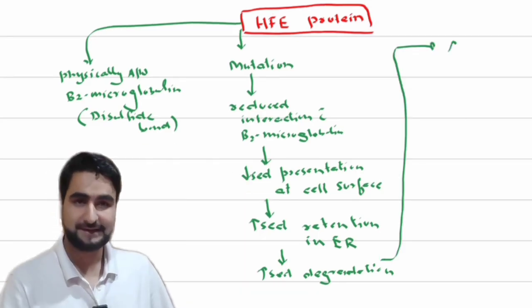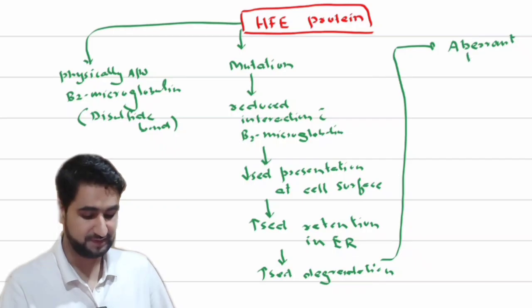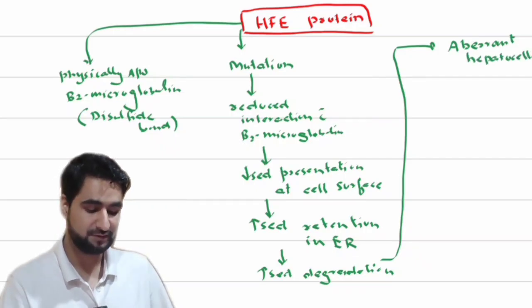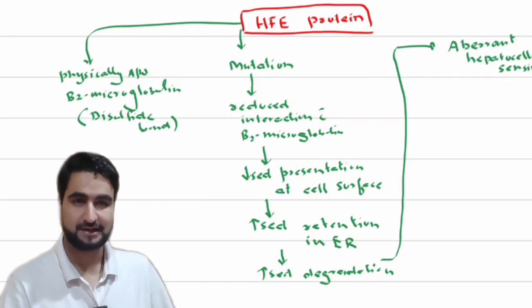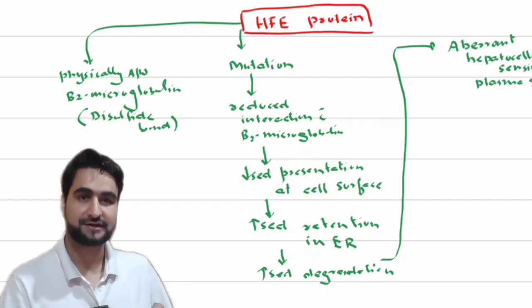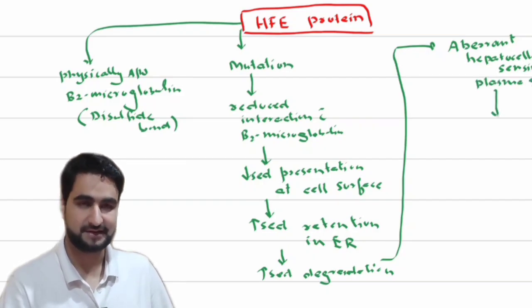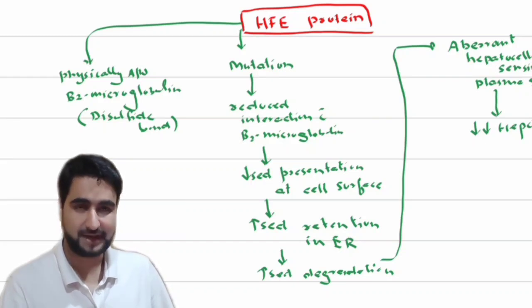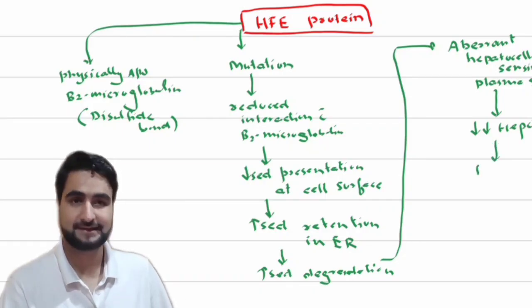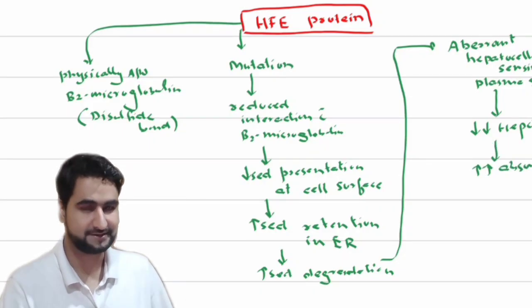Now, when there is increased degradation of this protein, there is aberrant hepatocellular sensing of plasma iron, because HFE is important for sensing plasma iron. As a result, there is decreased concentration of hepcidin. Hepcidin will decrease drastically, and thus there is increased absorption of iron.